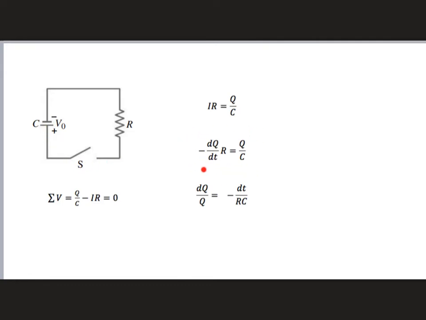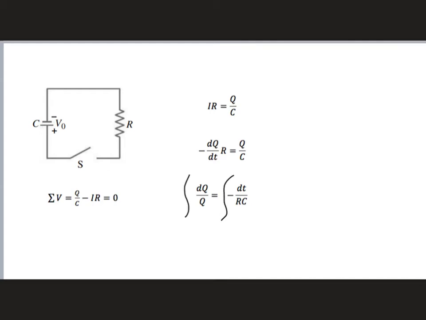So this is our starting point, and we again will apply the separation of variables, so we get all the terms with Q on one side and all the terms that are not Q on the other side. And so doing a little bit of algebra, we end up with dQ over Q is equal to minus dt over RC.